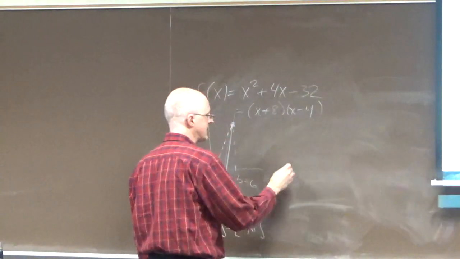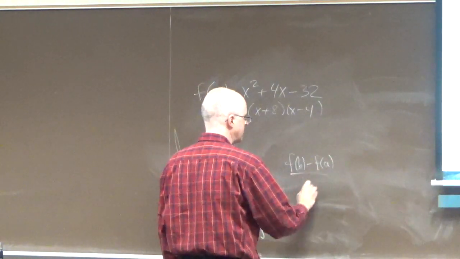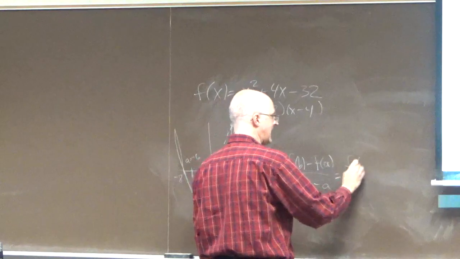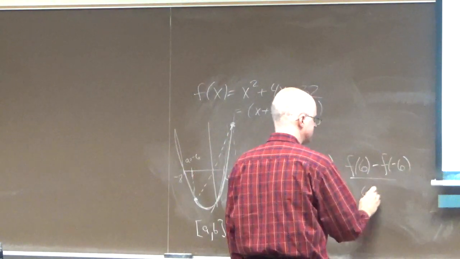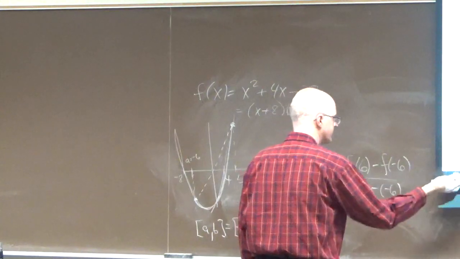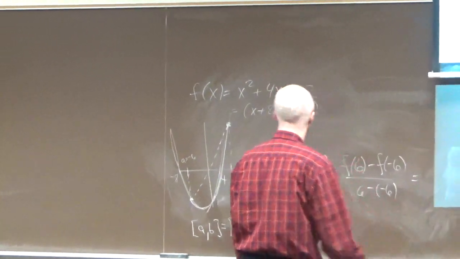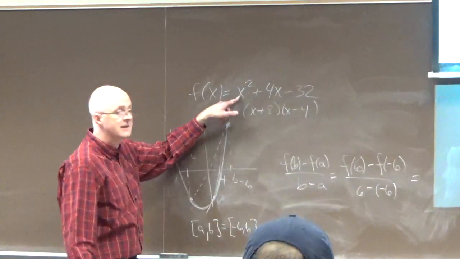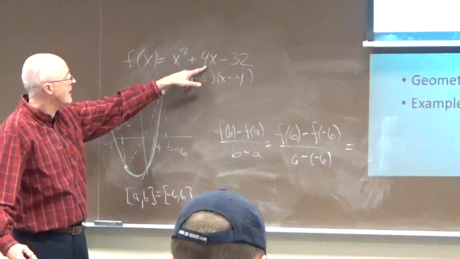First, let's find the slope of that secant line. f of b minus f of a divided by b minus a is f of 6 minus f of negative 6 divided by 6 minus negative 6. f of 6, I'm going to get 36 there, plus 24 will bring us up to 60.